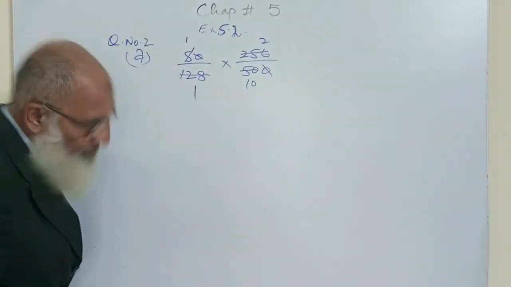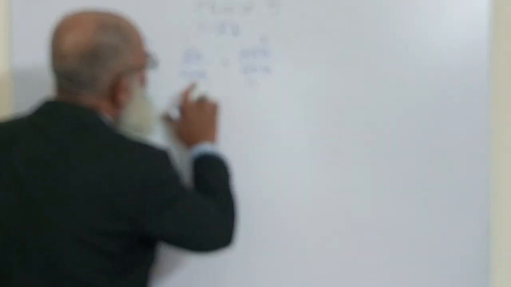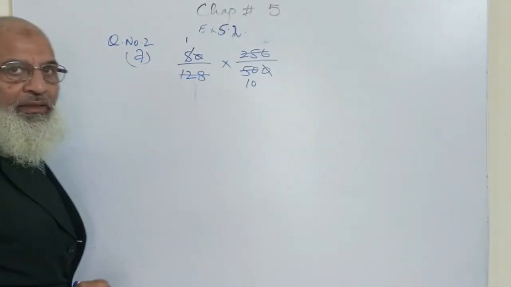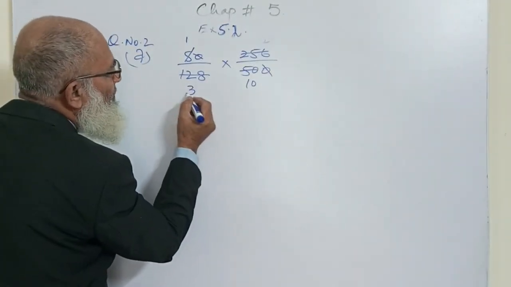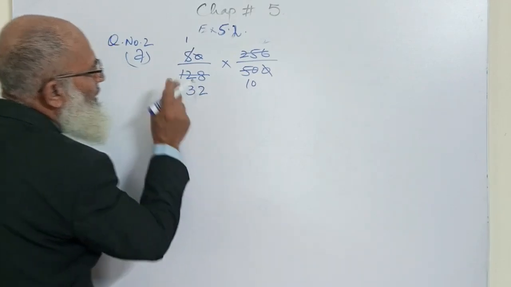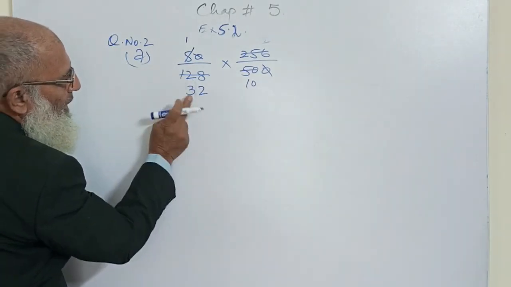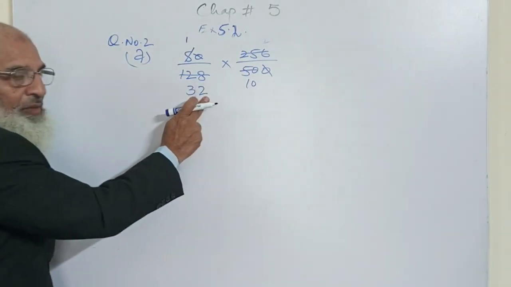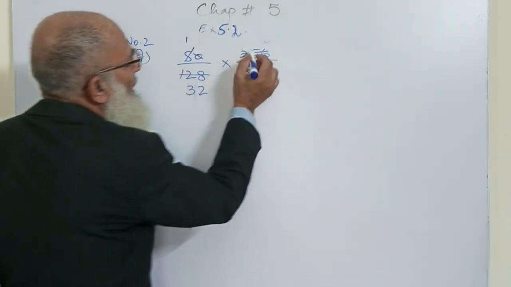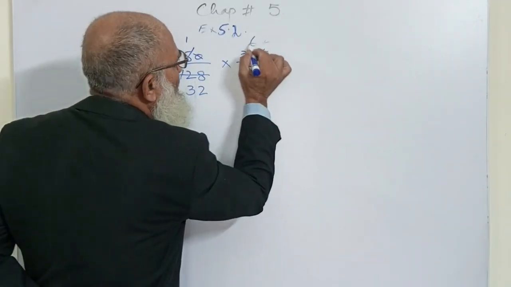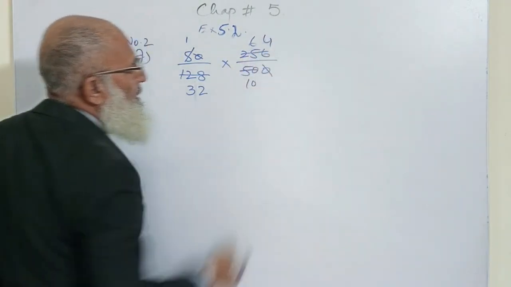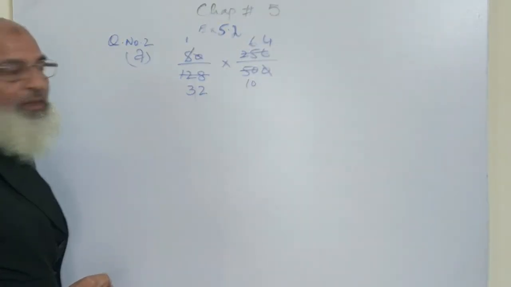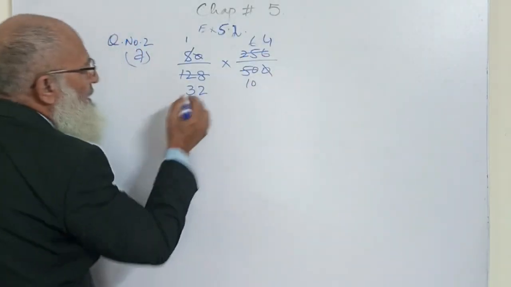For example, you don't know that this is divisible, that this is divisible and this is divisible by each other. You go with 4. 4 3 times 12 and 4 2 times 8 and 4 6 times 24 and 4 4 times 16.